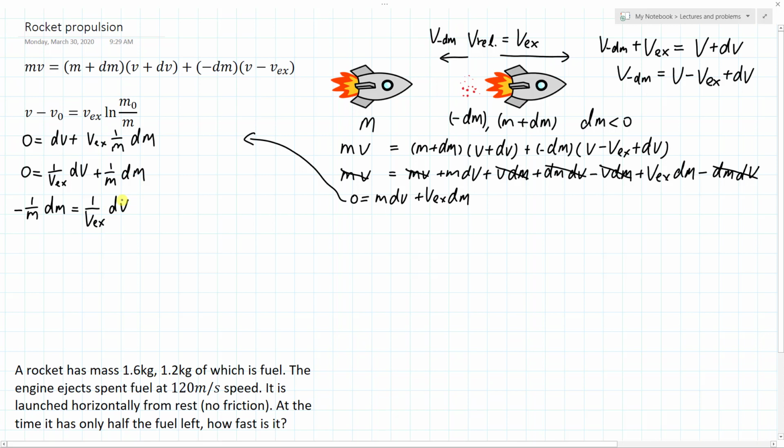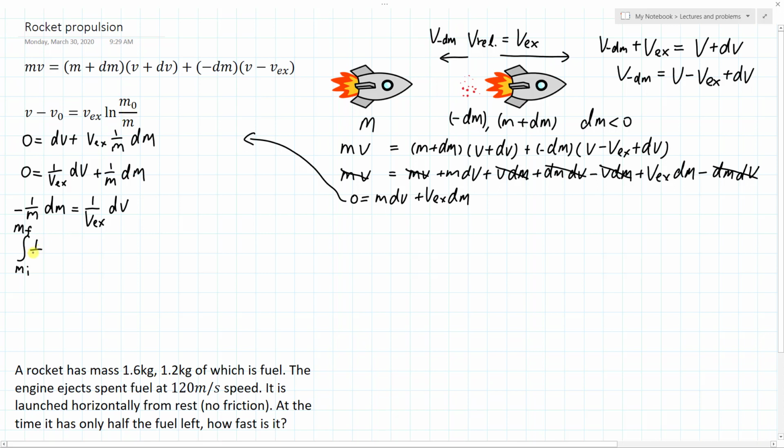Alright, so now to get rid of the differentials, we'll integrate both sides. Integration is just an operation. If you do both sides, then you'll still have the equal sign. So integrate. I'll start from m initial, I'll use mi, and end with m final. I find these designations are slightly more understandable than the m and m0. I'll transition into this designation later.